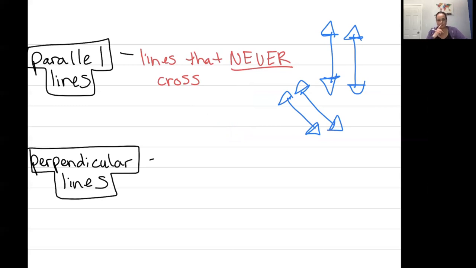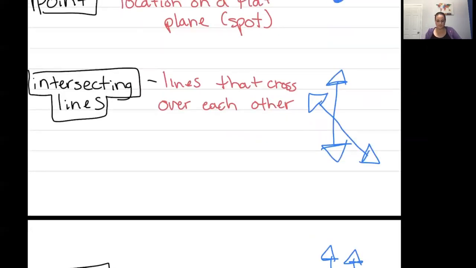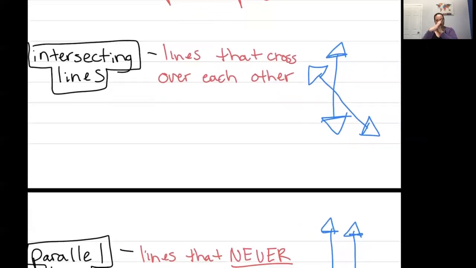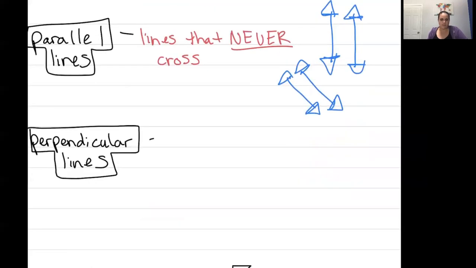So we were talking about those intersections up here, and we were talking about how they're wonky and kind of cross weird. And when they stop being so wonky, that's when we get perpendicular lines.